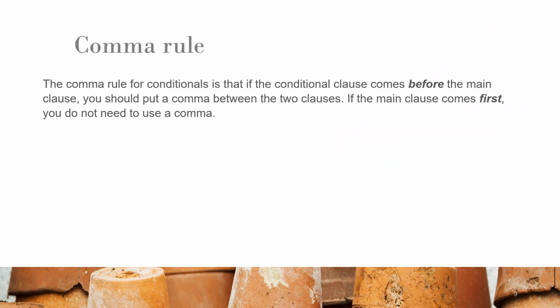Let's take a look at the comma rule in conditional clauses. The comma rule for conditionals is that if the conditional clause comes before the main clause, you should put a comma between the two clauses. If the main clause comes first, you do not need to use any comma.